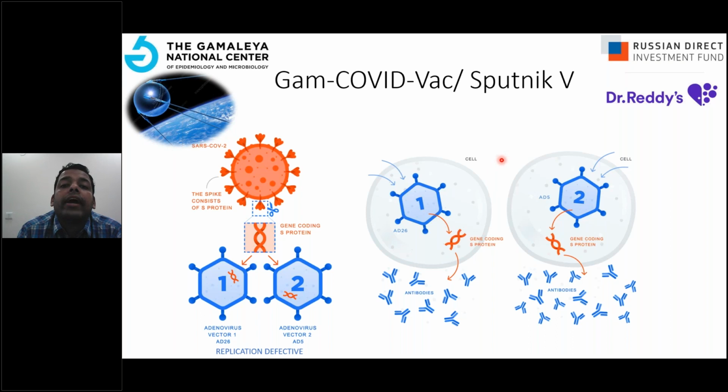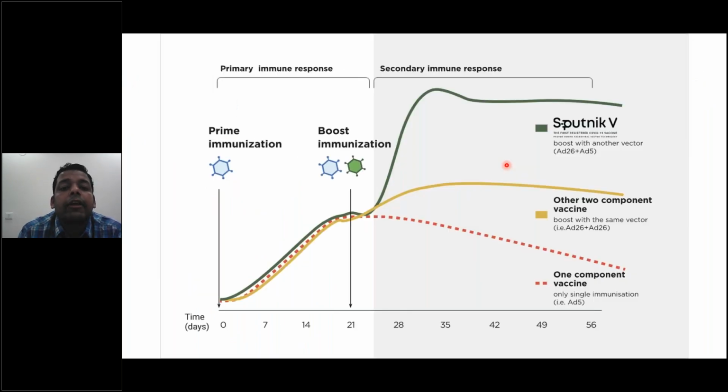It has become adenovirus serotype 5, and therefore those pre-formed antibodies do not affect the response of the vaccine. So it has been found that after the second dose, the Sputnik vaccine has a very high immune response as compared to other vaccines which are using the same vector.